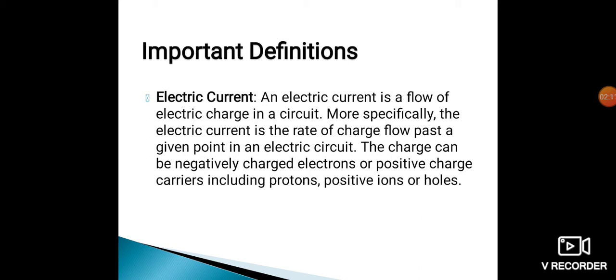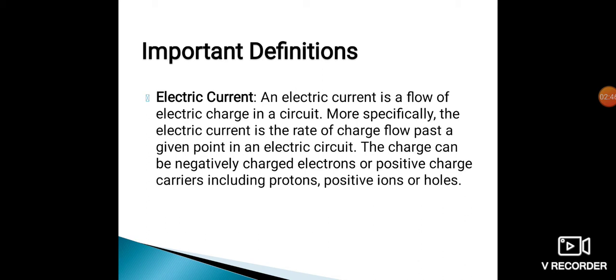More specifically, the electric current is the rate of charge flow past a given point in an electric circuit. That means it is the speed at which the charge is flowing from the given points. Given points mean given terminals.